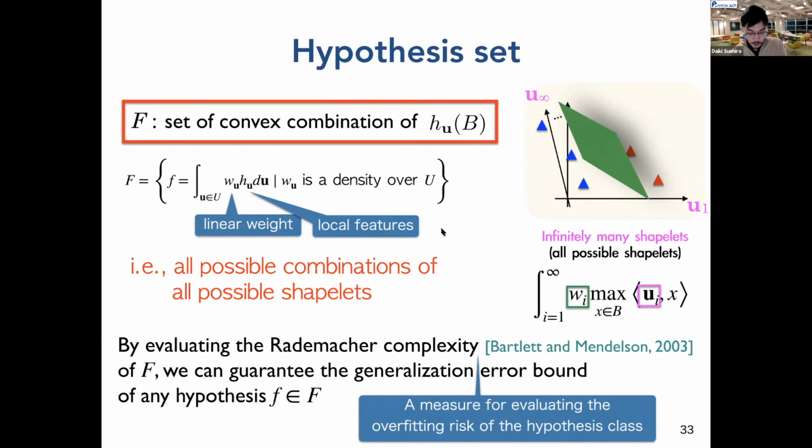And so it has powerful representation using the local features, but the most concern is a risk of overfitting. And then theoretically, by evaluating the Rademacher complexity of this hypothesis set F, we can guarantee the generalization error bound of any hypothesis F belonging to the capital F. And Rademacher complexity is a measure for evaluating the overfitting risk of the hypothesis set.